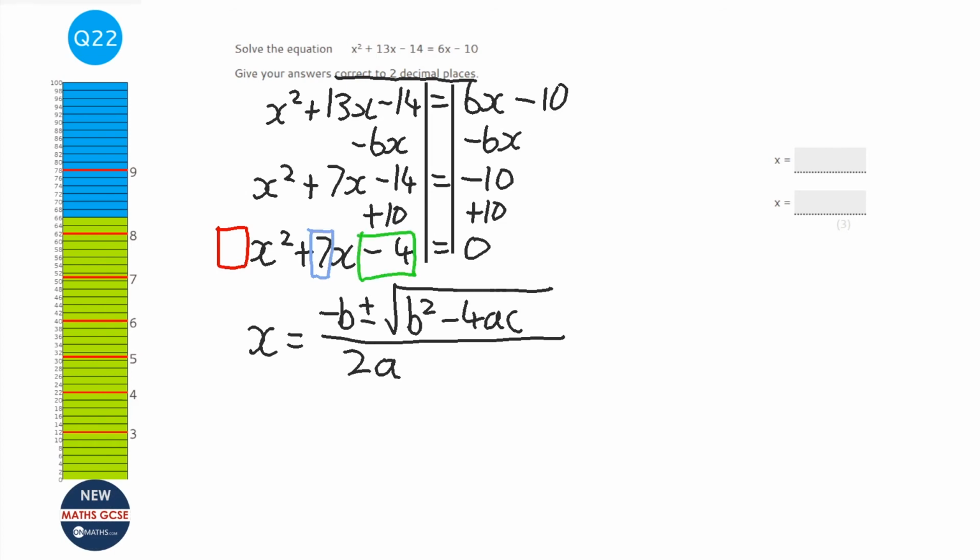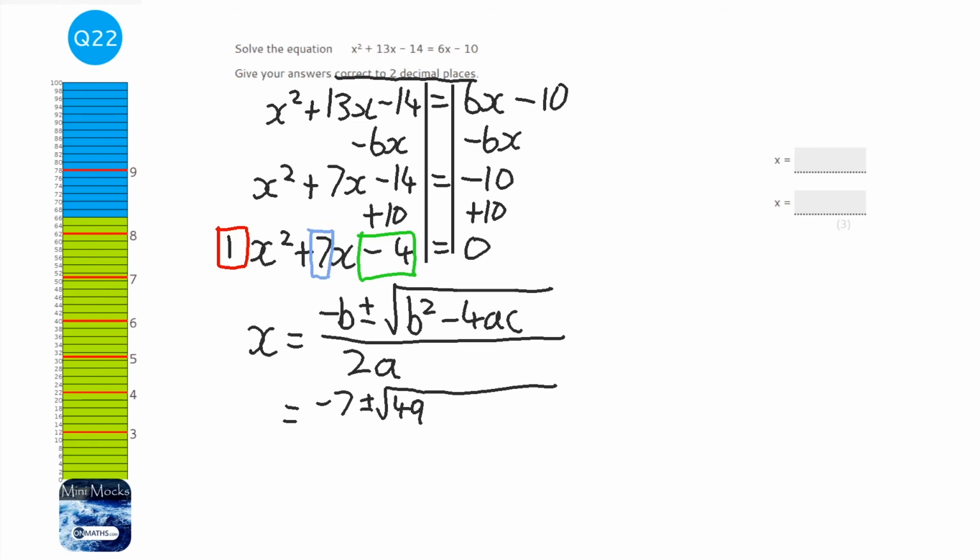Now, the number before the x squared is 1, because there's no number there, so it's 1. The number before the x is 7, and the number on its own is minus 4, and that's really important that you understand that that's not 4, that's minus 4. So when I substitute it in, b was 7, so it's minus 7 plus minus square root of b squared, well that's going to be 7 squared, so I know that's going to be 49, so I might as well write 49.